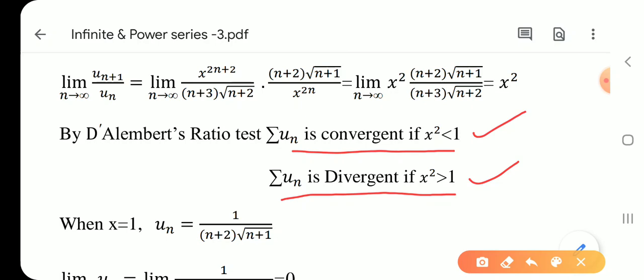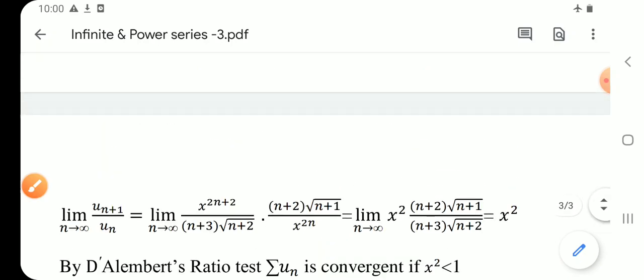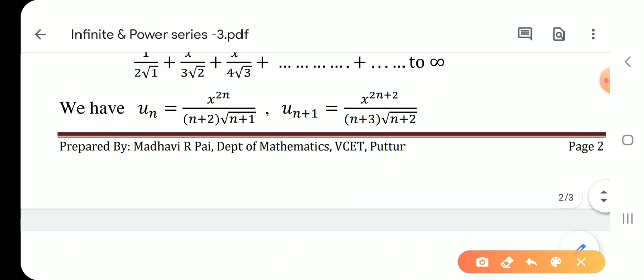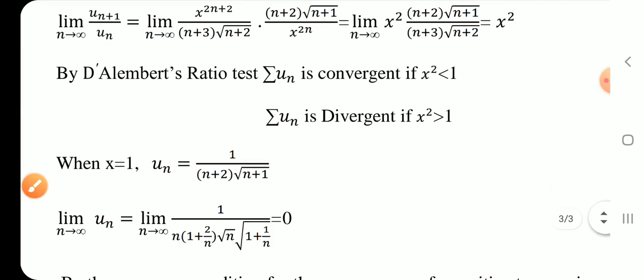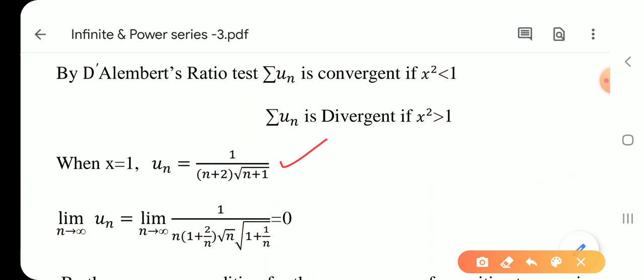Third possibility is it can be equal to 1. When x is equal to 1, let us see what happens. If I put x is equal to 1 in this series, 1 to the power anything will be 1. So it will be 1 by n plus 2 into square root of n plus 1. This is the case.